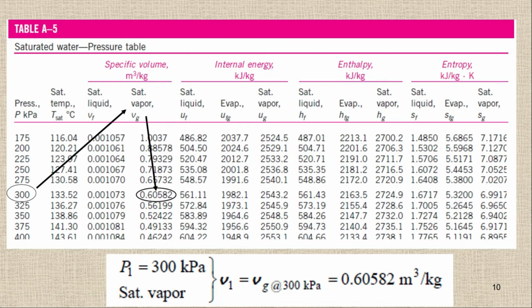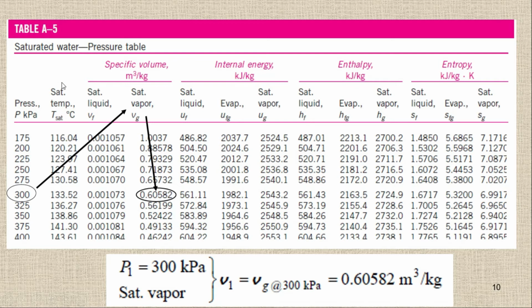What about V2? At V2, we have the same pressure, 300 kilopascal, but the temperature is 200 Celsius, which is more than the saturation temperature.